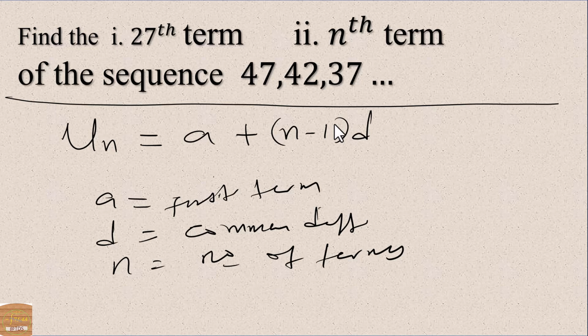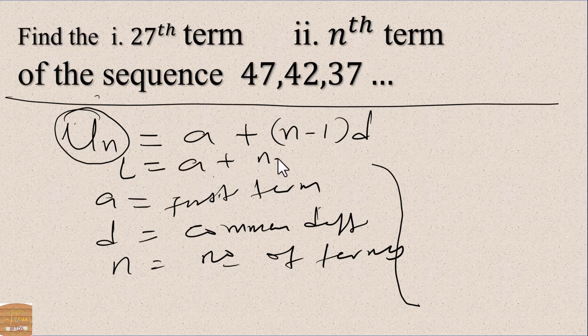Now, in case you are solving a question and the last term is known, L is the last term, and we have L equals a plus n minus 1 d. So when the last term is known, we use this one.